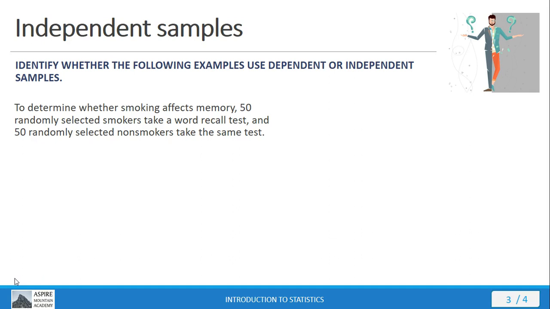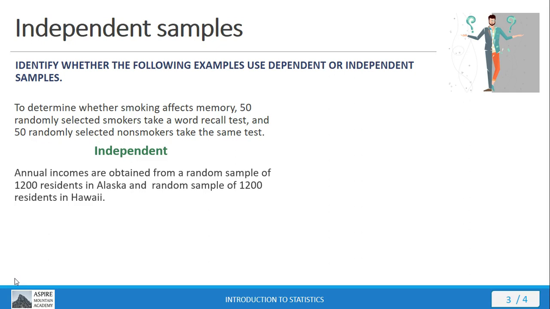What say you? I'll give you a moment to come up with your answer. Well, I hope you said independent samples, because that's what this is. There's no real relationship between any one person in the smoker group and any one person in the non-smoker group. So they're not matched up by any unique relationship, and therefore they're independent.